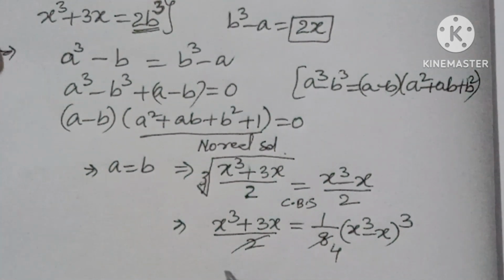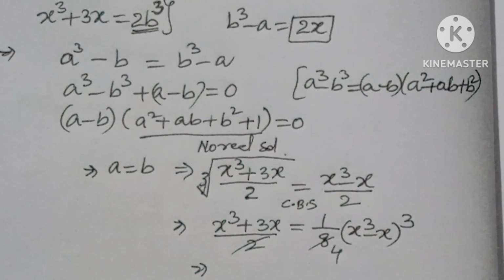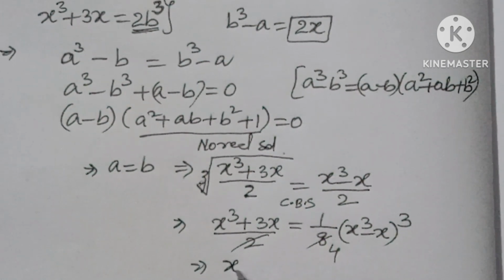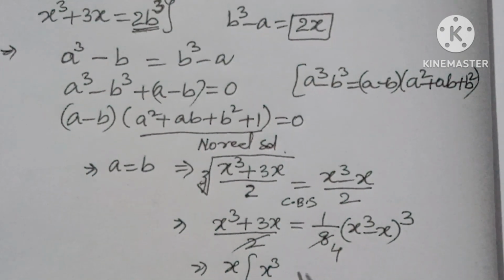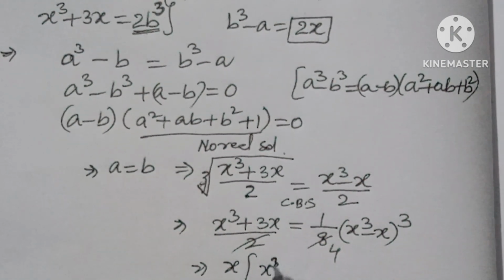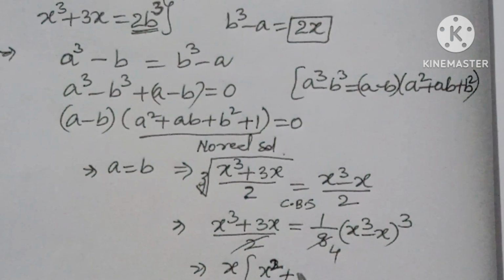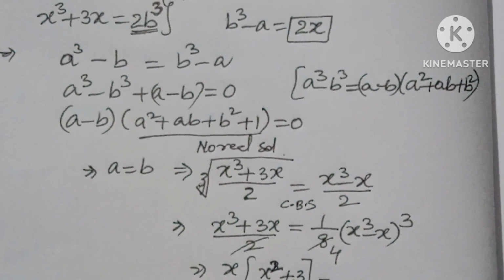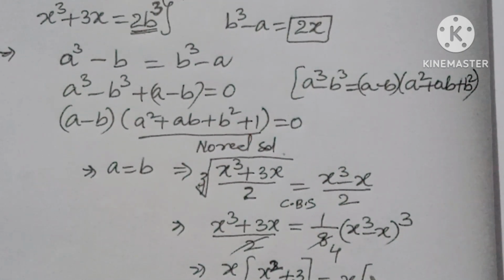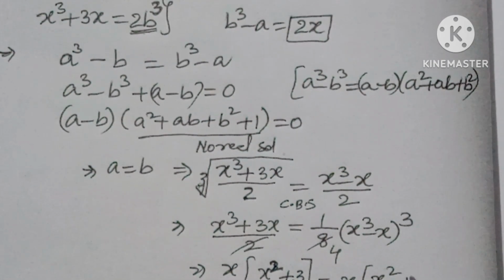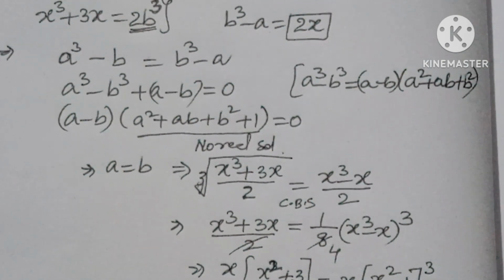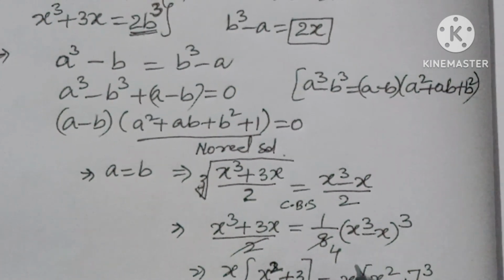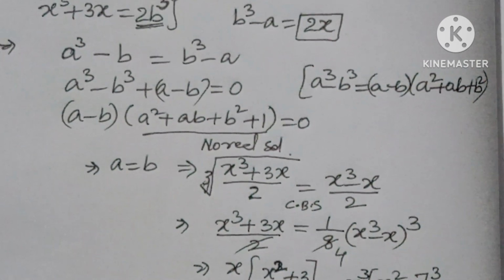So here you can take x common. x cubed... x times (x squared plus 3) is equal to, here also taking x common, x cubed times (x squared minus 1) whole cubed. So we'll get x cubed common by 4.